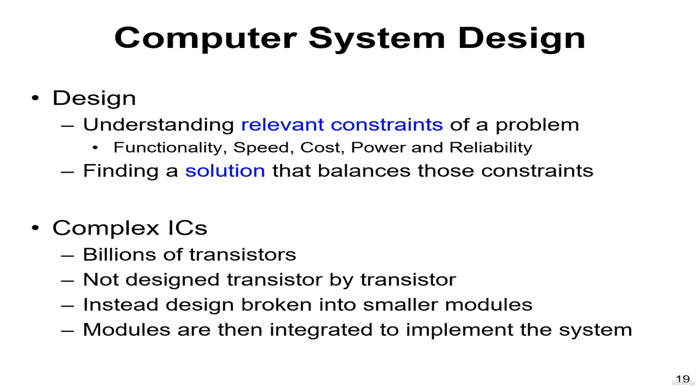This process is repeated until we reach a small block that is feasible for us to implement. These modules or blocks are then integrated in order to implement the required system as per the specification. This process is also called hierarchical design, and we would study this in detail in chapter number 3.